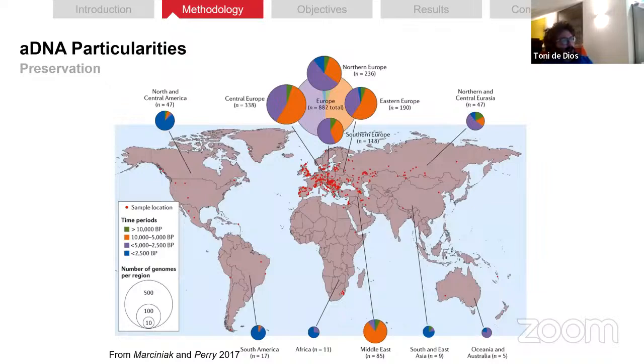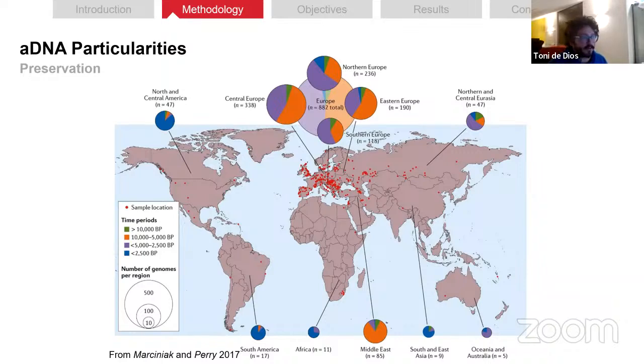And related to this degradation of DNA is the complex topic of preservation and studies. Here we also enter into something associated with social inequalities. Basically, rich countries can afford to study ancient DNA.